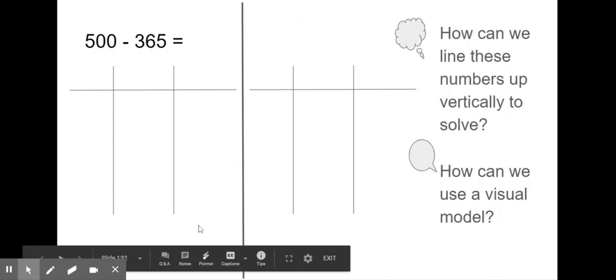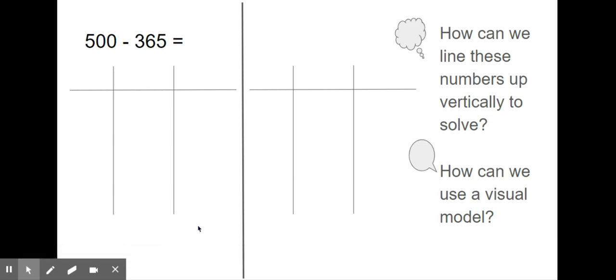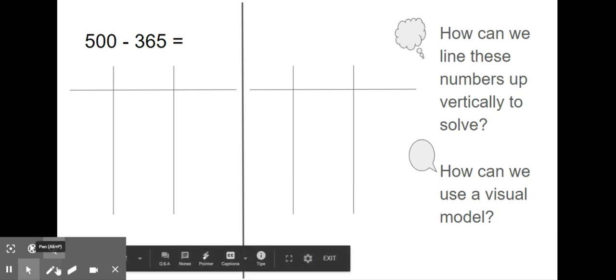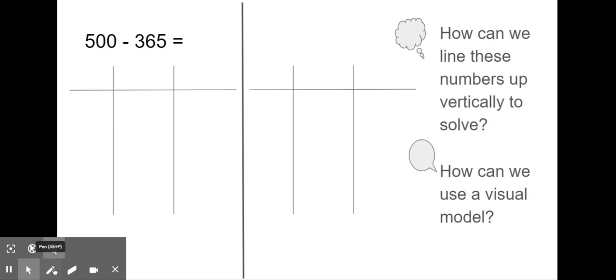Okay, moving to some subtraction practice for today so that you can get started on your work. So we're going to do 500 take away 365. And we're going to show this by lining it up and solving it vertically, and we're going to do a visual model as we always do.